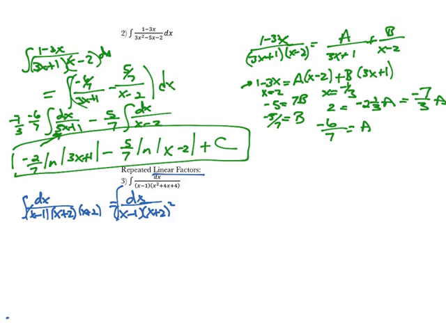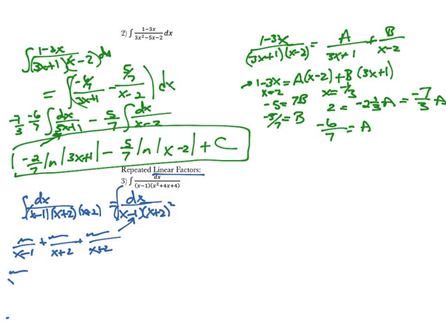We call it a repeated linear factor, because I could conceivably have 3 fractions, something over x minus 1, plus something over x plus 2, plus another something over x plus 2, and the common denominator would be that.